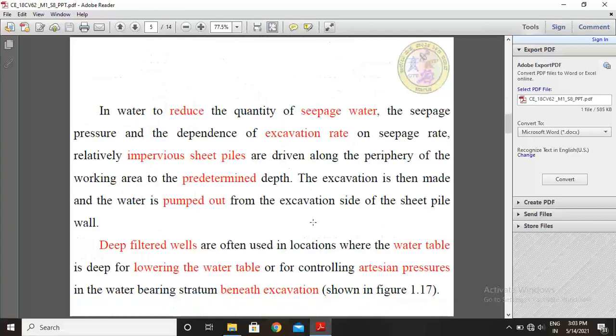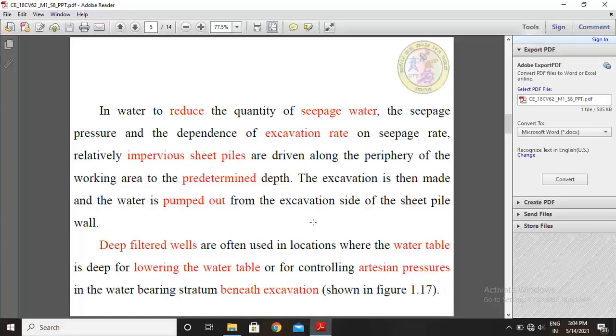To reduce the quantity of seepage water, the seepage pressure and the dependence of excavation rate on seepage rate, relatively impervious sheet piles are driven along the periphery of the working area to a predetermined depth. The excavation is then made and the water is pumped out from the excavation inside the sheet pile walls.